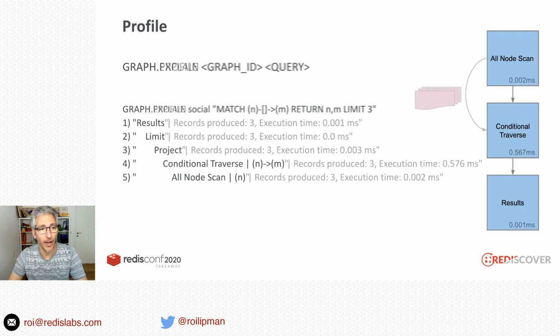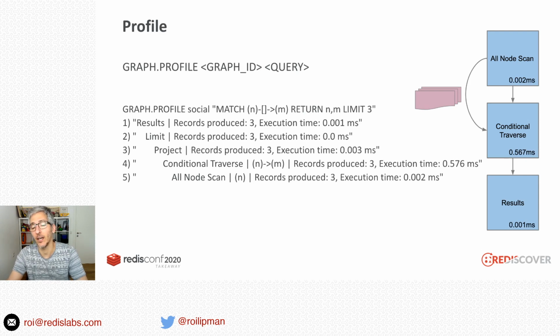Now with the profile, you're also getting the execution plan, but now the execution plan is being enriched with some additional information. So each operation in your execution plan is telling you exactly how much time that operation took to execute.